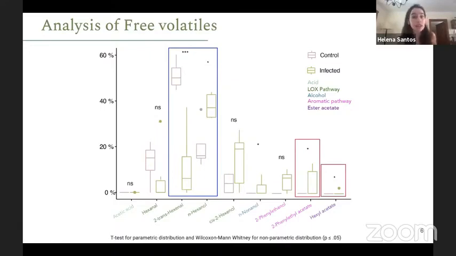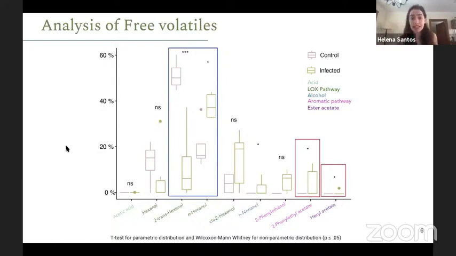They are also associated with a pathway for jasmonic acid, which shows already that infection is triggering a defense mechanism in the grapes. We can also see here in the red boxes that 2-phenylethyl acetate and hexyl acetate are not present in control samples, but upon infection, they appear and we can detect and quantify them.